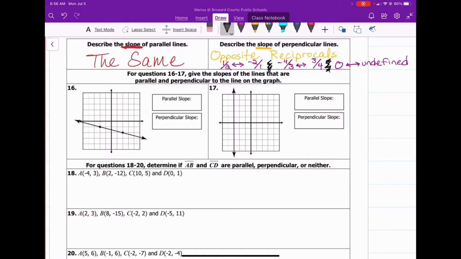So we have to find the slope of the line on the graph and then say what a parallel slope would be and what a perpendicular slope would be.